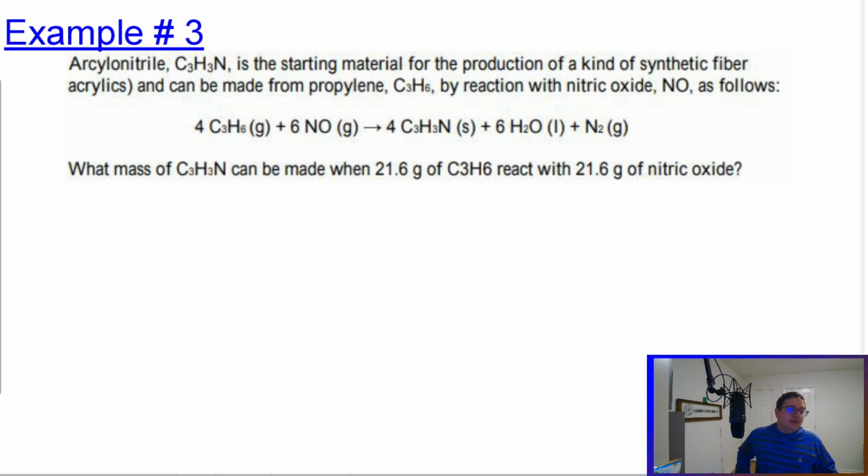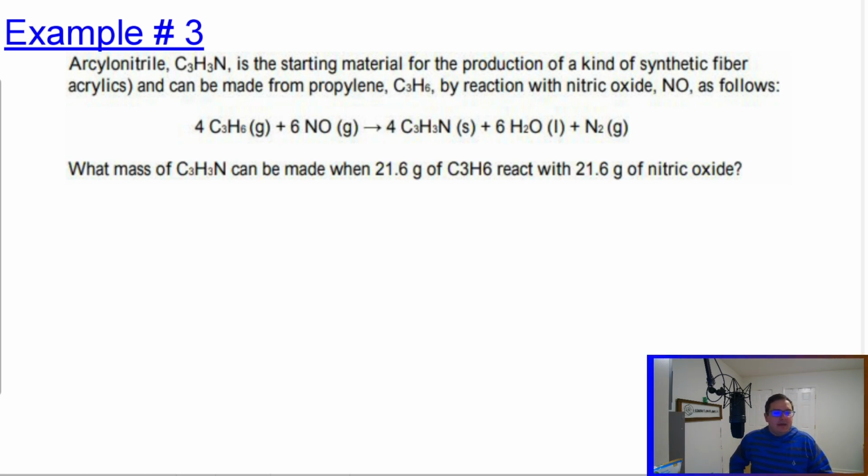Okay. Acrylonitrile, C3H3N, is the starting material for synthetic fiber acrylics. So like acrylic nails or acrylic fibers, often used in some athletic clothing. Anyways, it can be made from propylene by reaction with nitric oxide, NO, as follows.